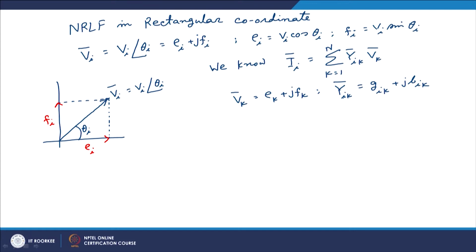Therefore, we can write Ii as Ai plus jBi, that is, we are also representing Ii in rectangular coordinate, of which the real part is Ai and the imaginary part is Bi. It is equal to the sum over k equal to 1 to n of (Gik plus jBik) into (Ek plus jFk).